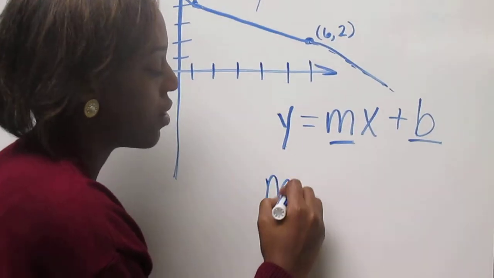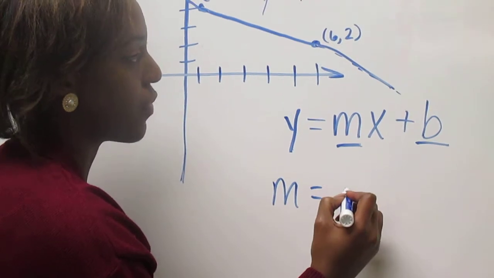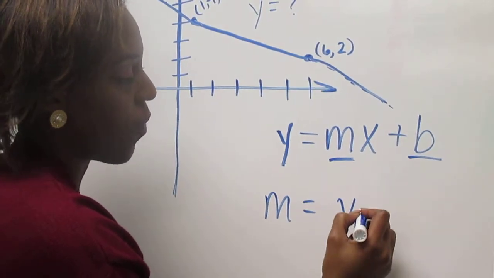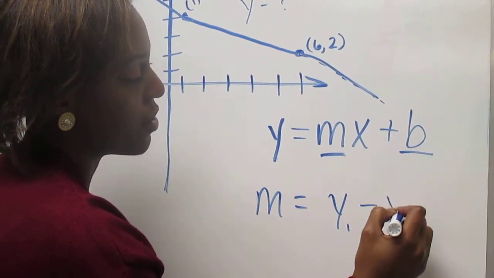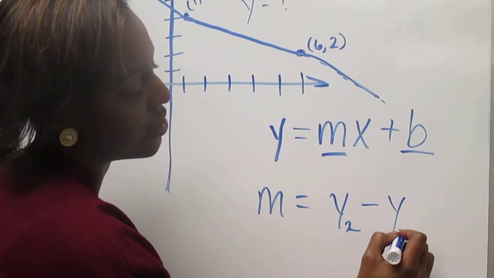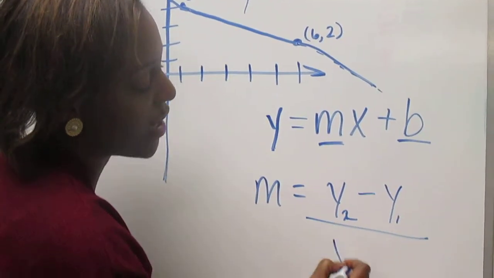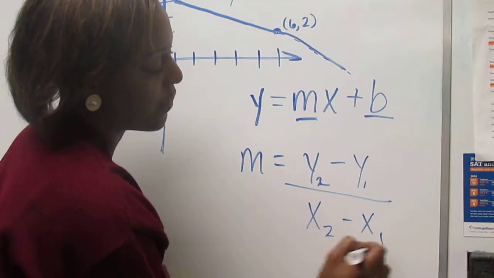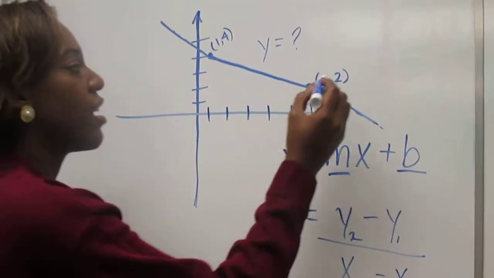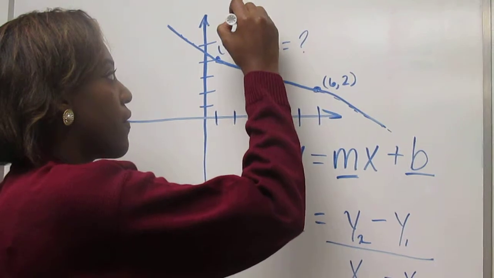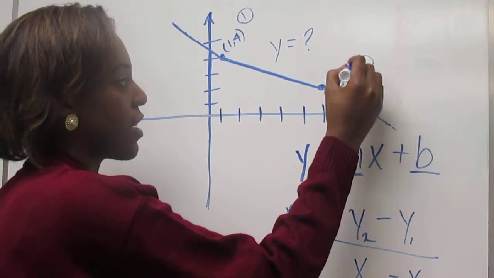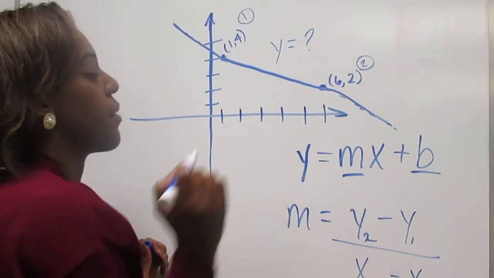So m is the same as rise over run, which is y2 minus y1 over x2 minus x1. So let's say that this is our first point and this is our second point.